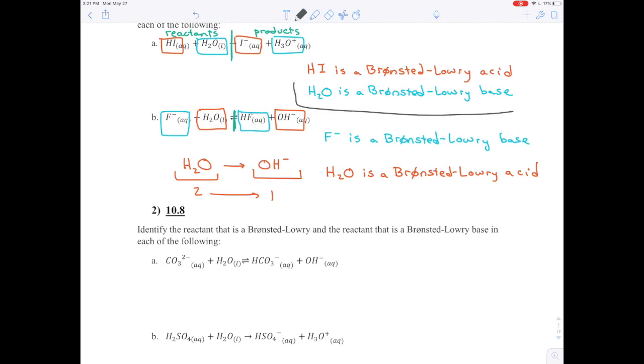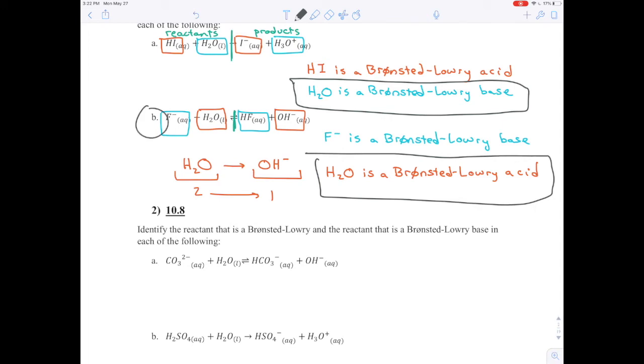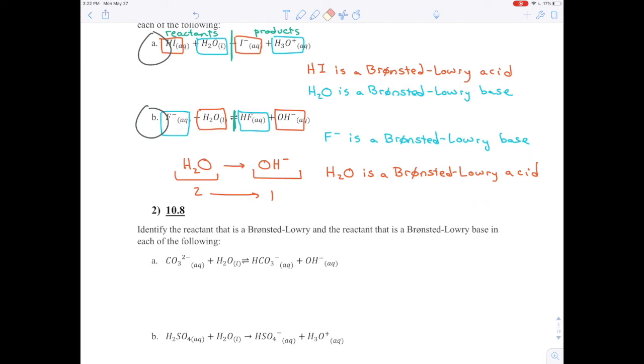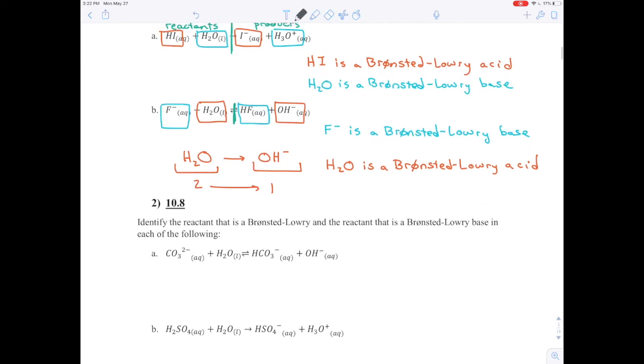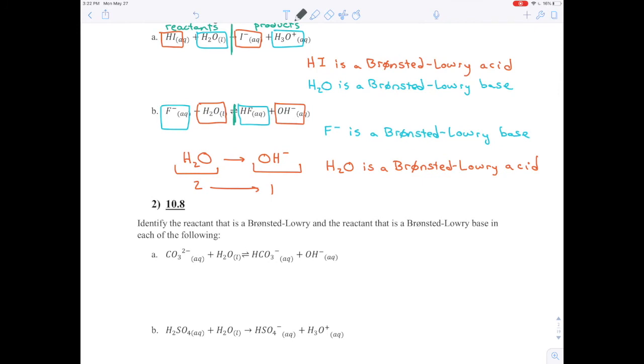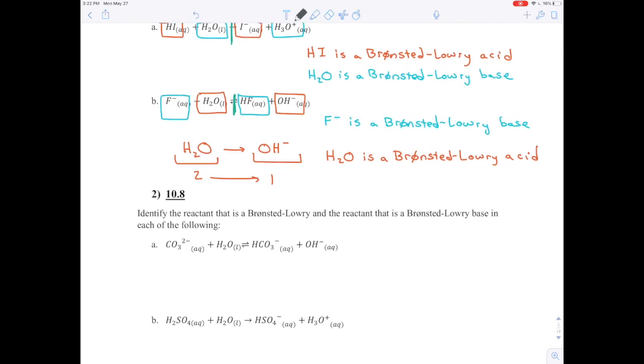In part A, we saw that H2O could act as a base. In part B, we saw that it could act as an acid. It depends on the specific reaction that it's in. So whether something is an acid or a base depends on the context that it's in. In different contexts, the same molecule can either give away an H+, in which case it's an acid, or accept an H+, in which case it's a base.